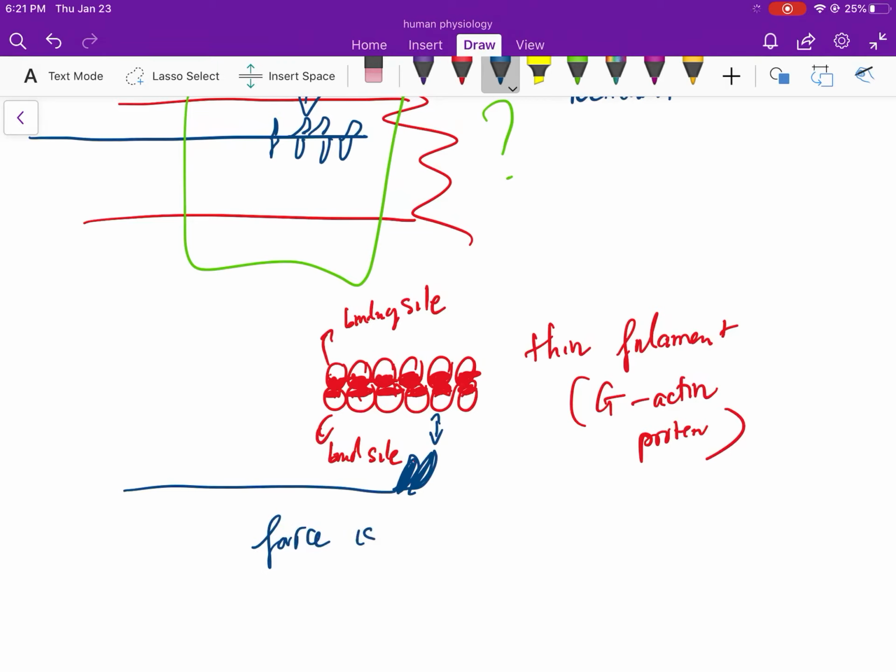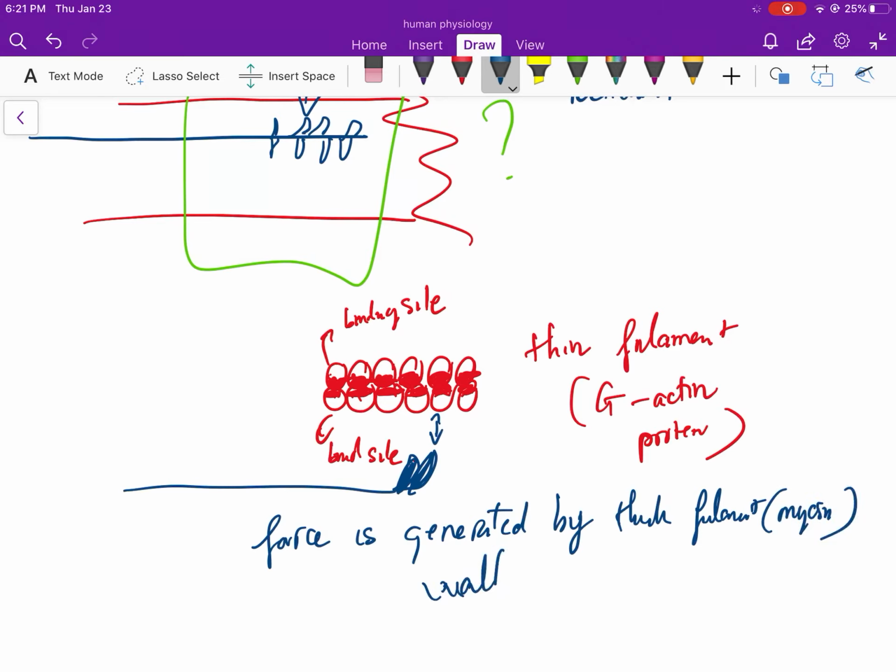And the force is generated by the thick filament, which is our myosin, that walks onto the thin filament, which is the actin. So the blue thing needs to bind to the binding site of the red necklace and walk on it to generate the force. If this binding doesn't happen, then no force will be generated.